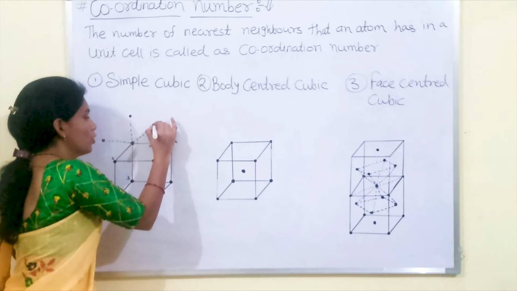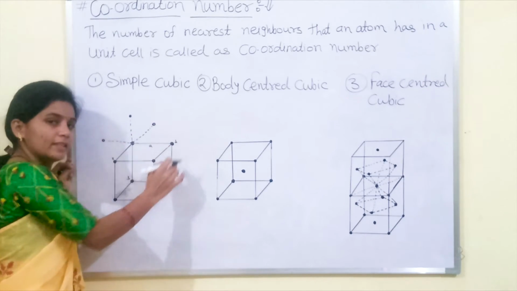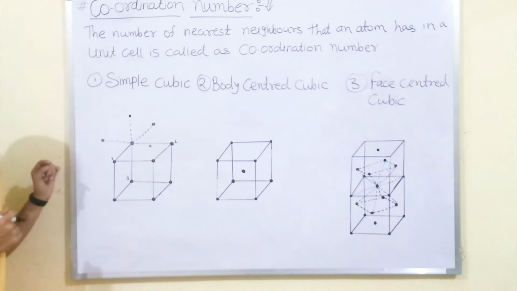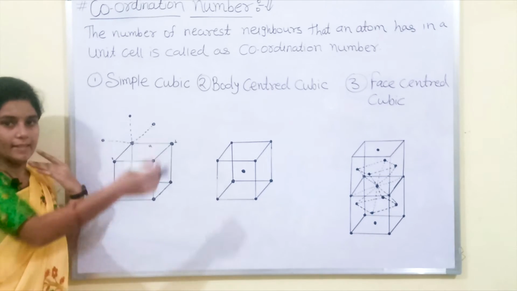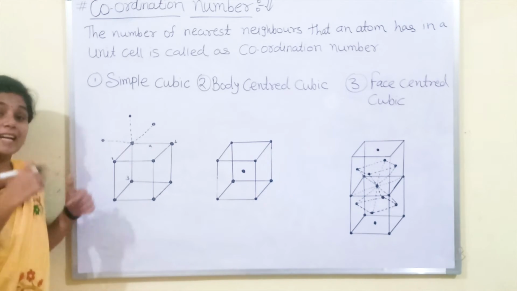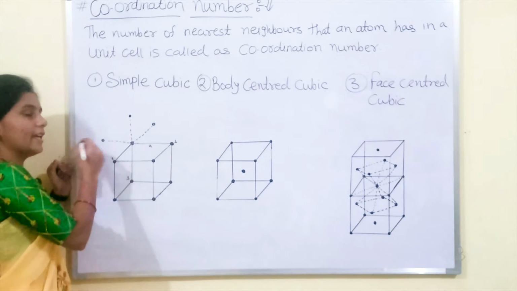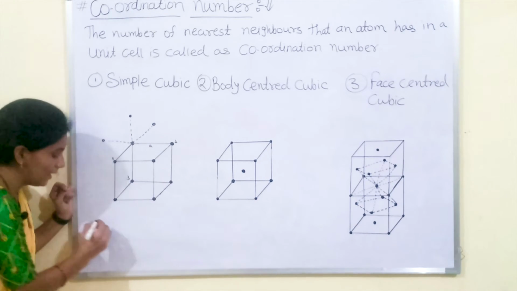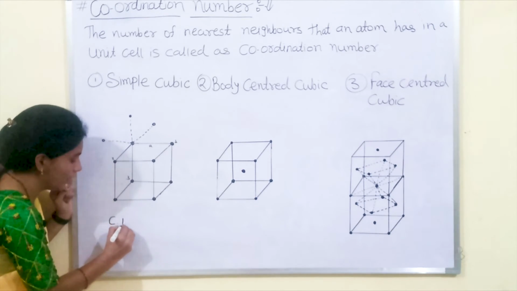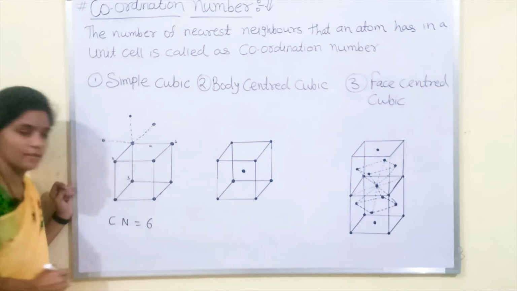So in this unit cell we have three nearest atoms, and in the adjacent unit cells there are three atoms. So the total nearest neighbors, the coordination number of simple cubic, is 6.